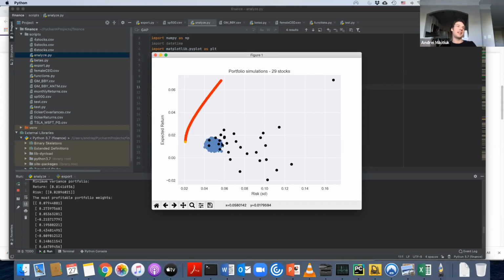That's what some hedge funds and investment banks do, but frankly, that's insanely difficult to make profitable. That's why most of these funds are actually not overperforming just the index.